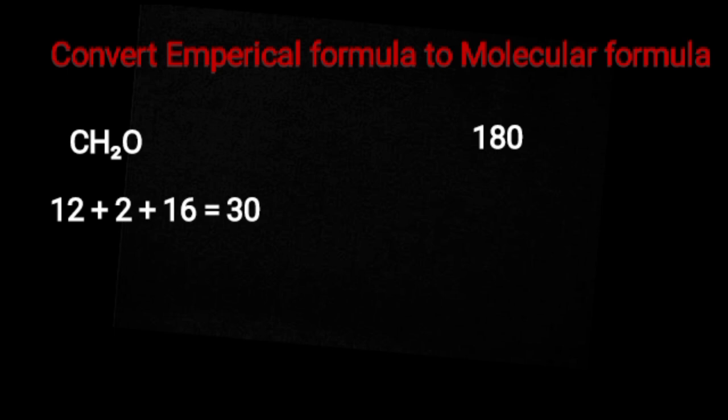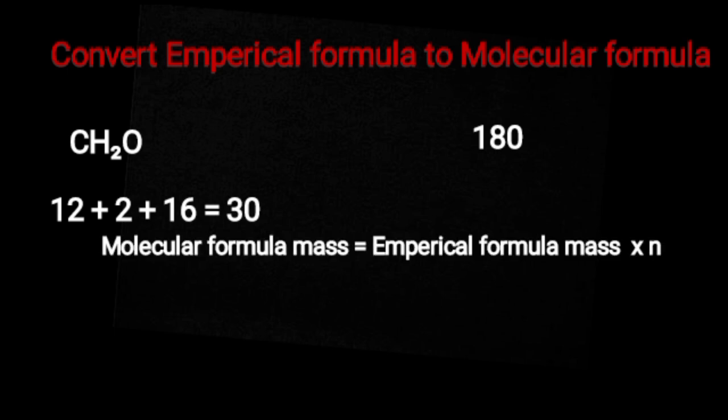Now always have in mind that the molecular formula mass will always be equal to the empirical formula mass times the multiplication factor. When we get this multiplication factor, which is n, that is what we are going to use to find the molecular formula.